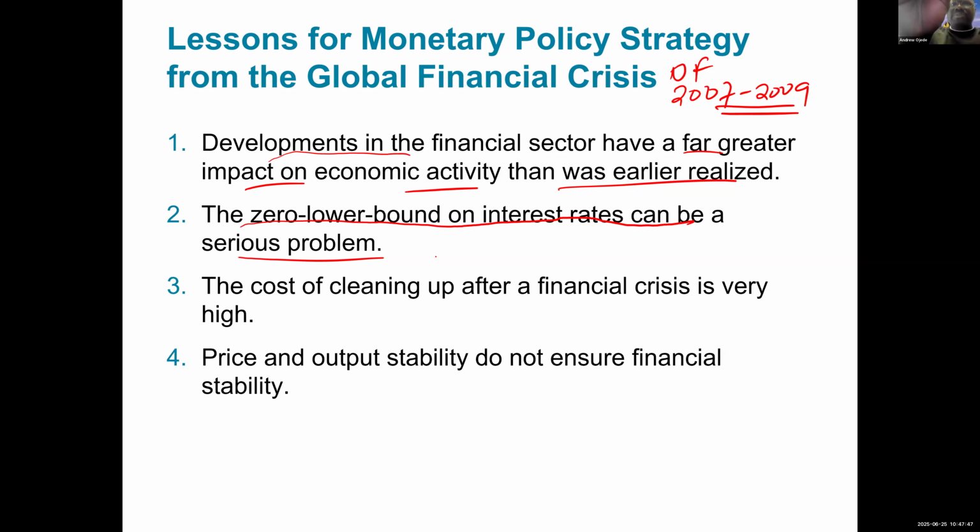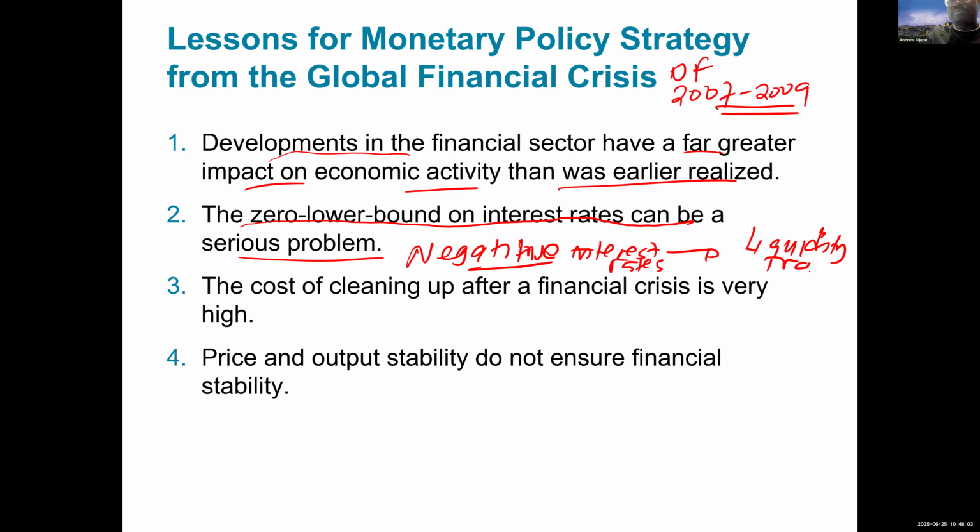Because negative interest rates lead to what we call a liquidity trap. We don't want to do that. This is what we economists call a liquidity trap. Liquidity trap is the idea that if interest rates become negative, let's say you put $10,000 in your savings account and banks are paying you a negative interest rate.